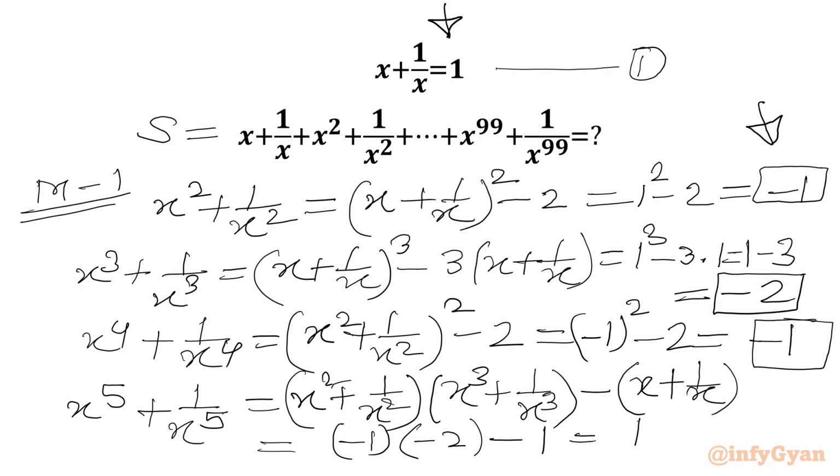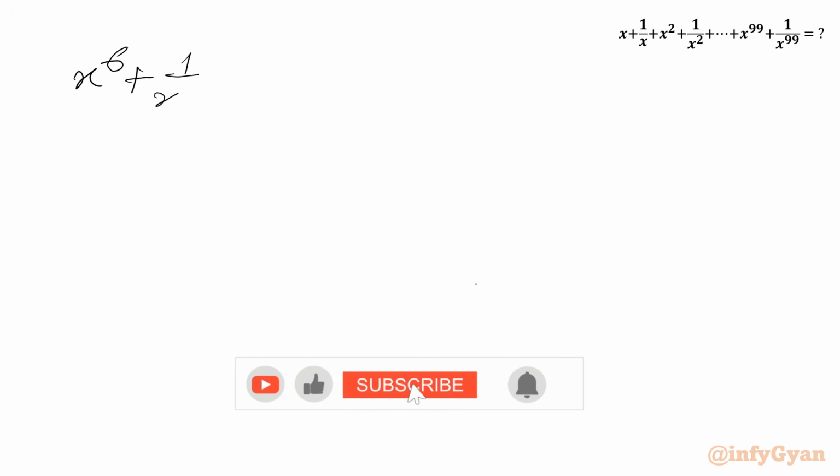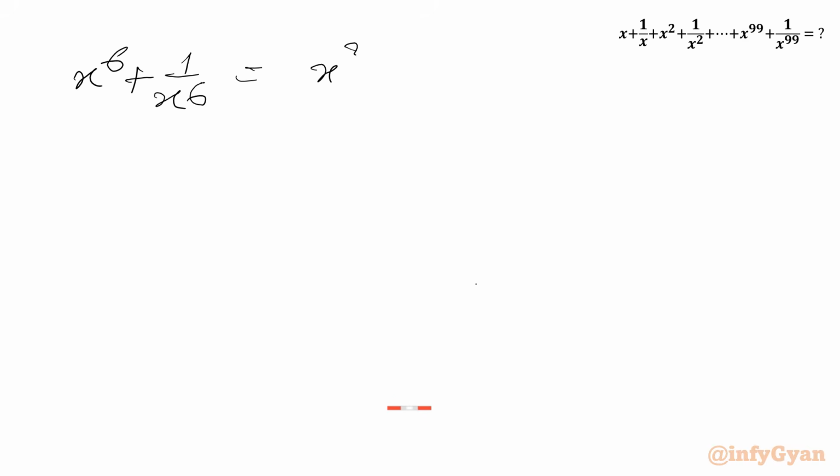Now we have to find the x power 6 plus 1 over x power 6 value. I will write the algebraic formula: x power 6 plus 1 over x power 6 will be equal to x cube plus 1 over x cube whole square minus 2.